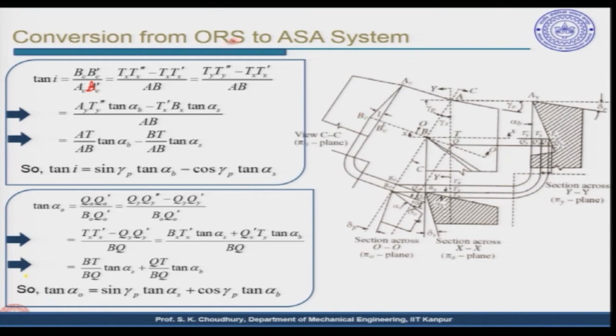Right now what we are talking about is the ORS and the ASA. In the ORS system, this is the CC cutting plane, and we are relating it to the base plane now, and the base plane is common in the ASA, ORS and the NRS system. Similarly, BC prime here, we are actually taking to this view.